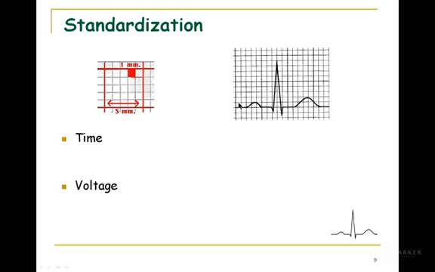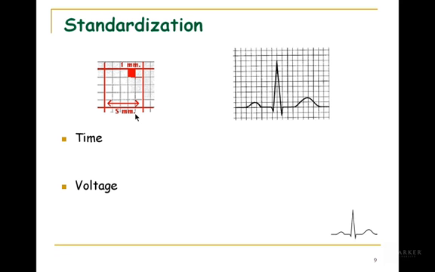So here's the standardization. Each of these boxes is a millimeter. When we're talking about timing, every little square, or millimeter, represents 0.04 seconds. One of these big boxes, which has 5 millimeters in it, would be 0.2 seconds.